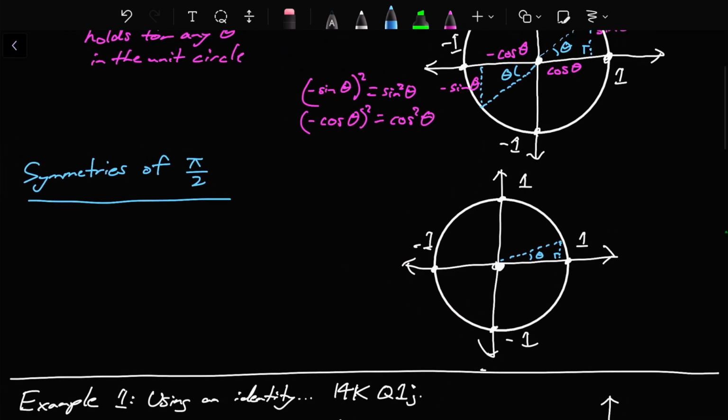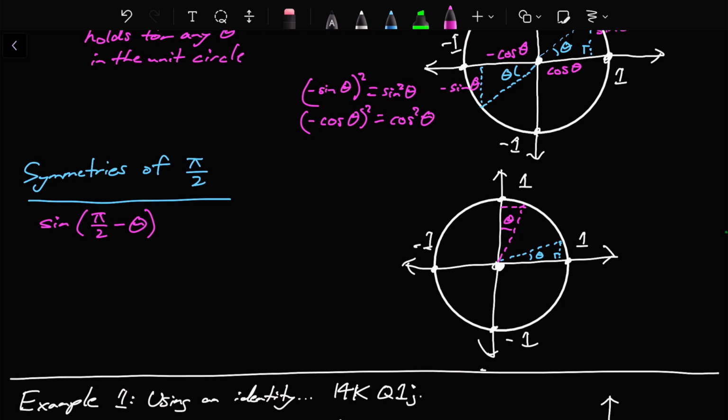Now, we want to investigate what happens if we take pi on 2, that is a quarter rotation or 90 degrees, and we actually subtract theta instead, right? So we're looking at what happens with sine of pi on 2 minus theta, okay?